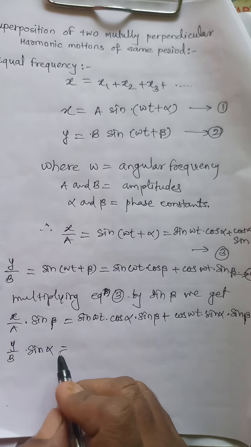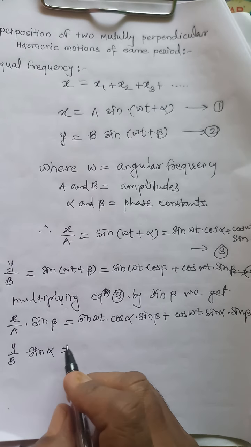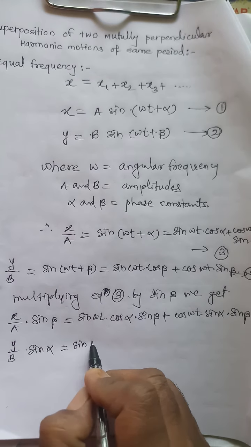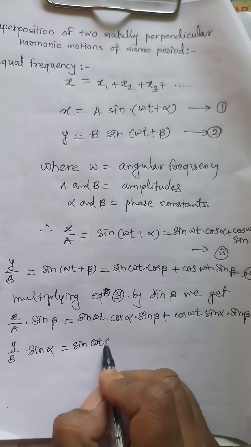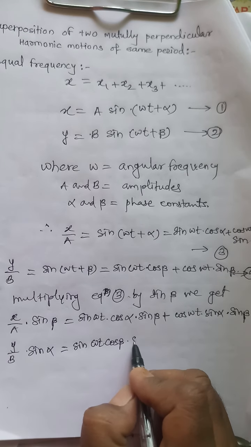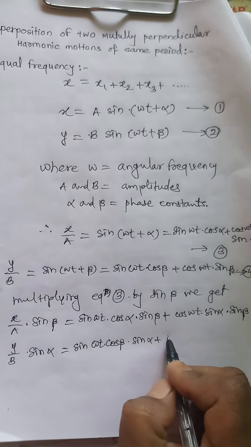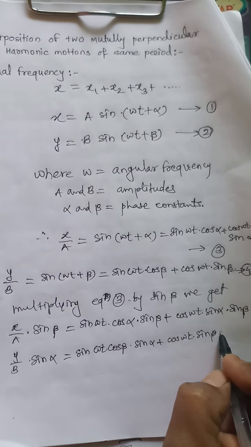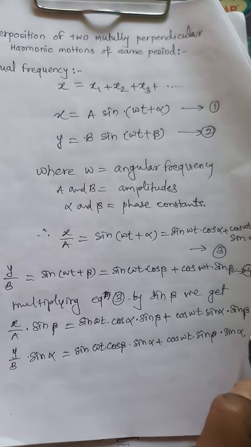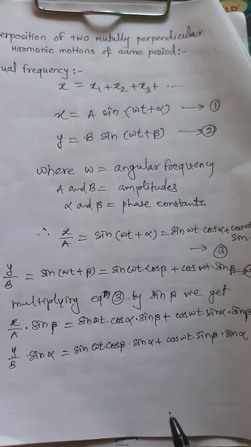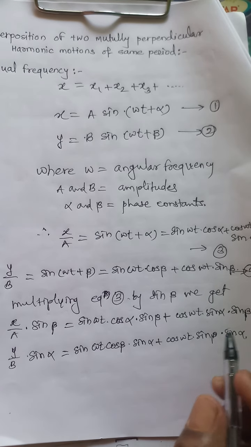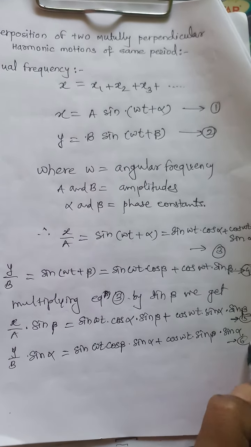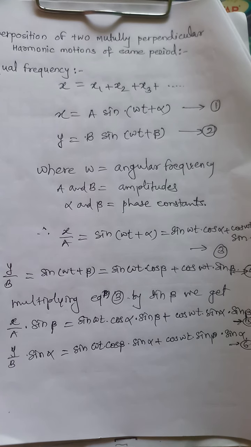By multiplying sin of alpha to equation 4, we get y upon b into sin of alpha is equal to sin of omega t into cos of beta into sin of alpha plus cos of omega t into sin of beta into sin of alpha. So here we multiplied by sin beta and sin alpha to equations 3 and 4, and we get equation 5 and equation 6.